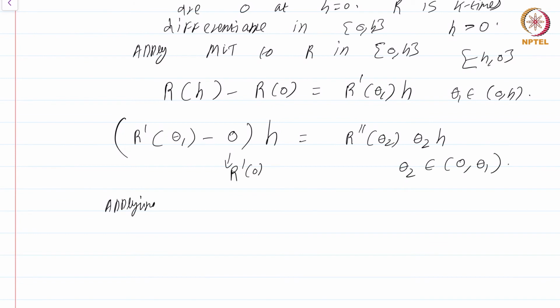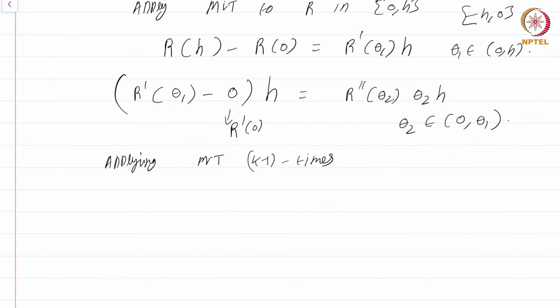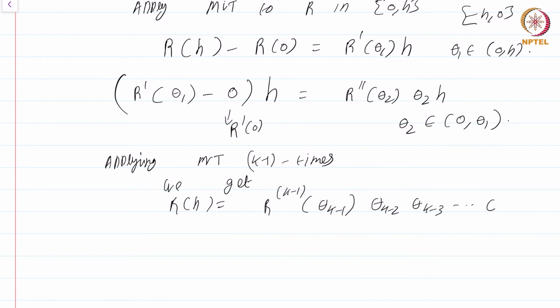Okay, so applying the mean value theorem k minus 1 times, we get r of h is equal to r k minus 1 of theta k minus 1 times theta k minus 2, theta k minus 3, ... theta 1 times h, where we have 0 less than theta k minus 1 less than theta k minus 2 less than ... less than theta 1 less than h.